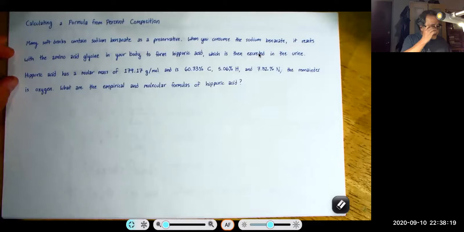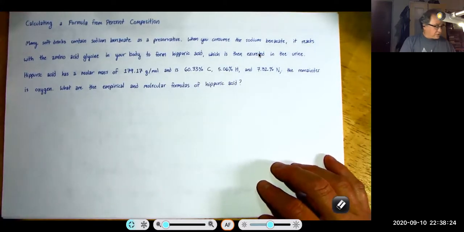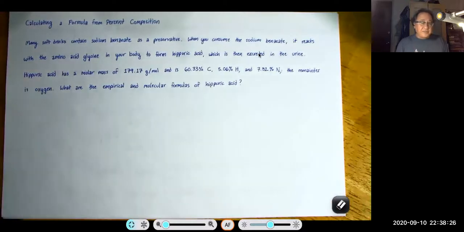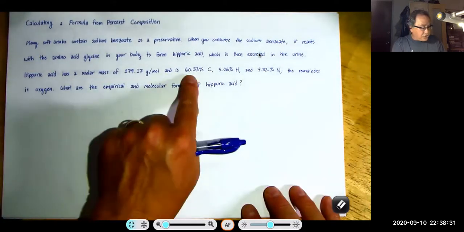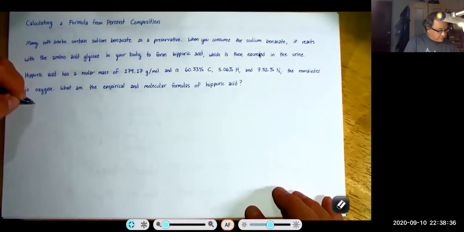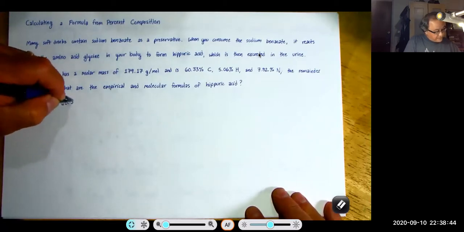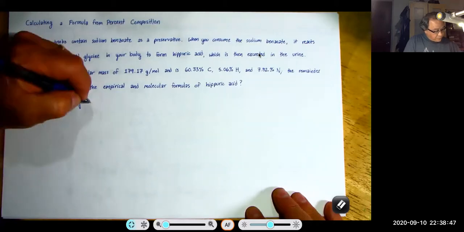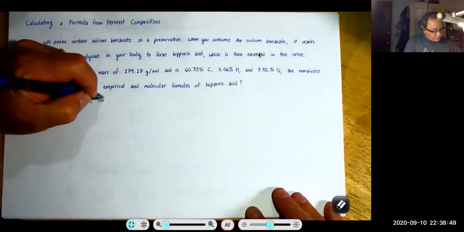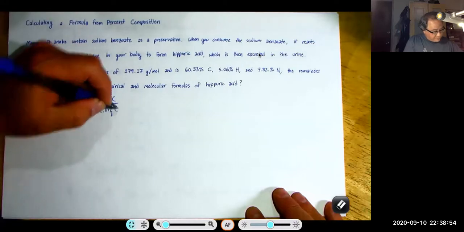Okay, so let's take a look at an example here, calculating a formula from percent composition. So this is just like the problem we just did, but this is another example. In this case, we have 1, 2, 3 elements, not just 2. So the first step to get the empirical formula, we're going to take 60.33 grams of carbon, multiply that by 1 mole of carbon per 12.01 grams of carbon.